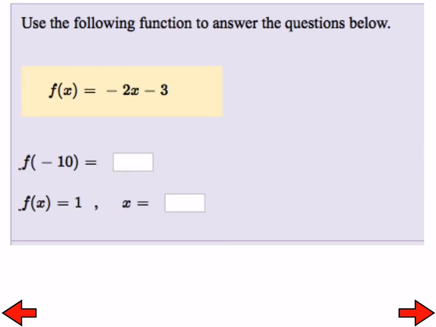And your first problem should look like this. So basically what we're doing now is we're putting this whole function notation thing together. So the first problem here says to find f of negative 10. Well, you should be able to do that. Go ahead and do that. And let's do this in our notes packets.